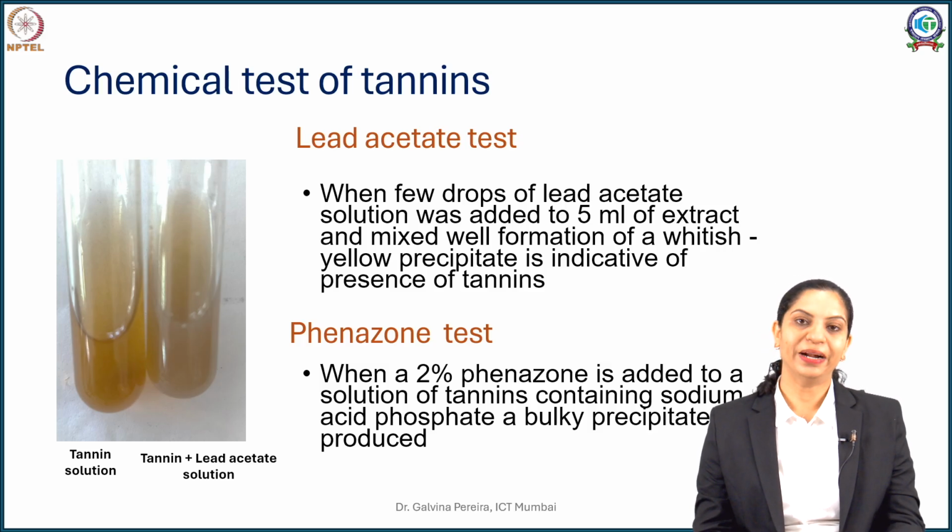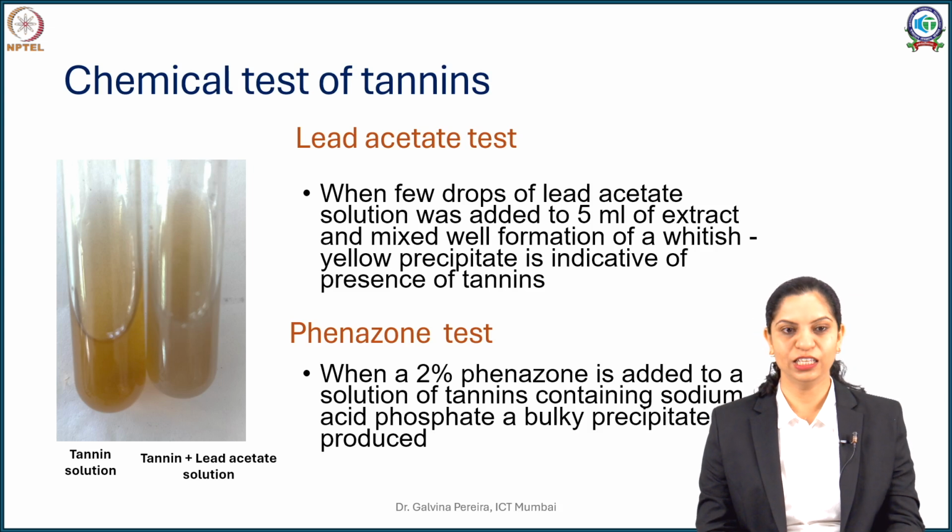So when my tannin solution is added to a lead acetate solution, a yellowish-whitish precipitate of lead tannate is formed, which you can see here indicated by turbidity. This turbidity, if you allow it to mature over a period of time, will settle down. The presence of a whitish to yellowish precipitate is indicative of tannins in your solution.